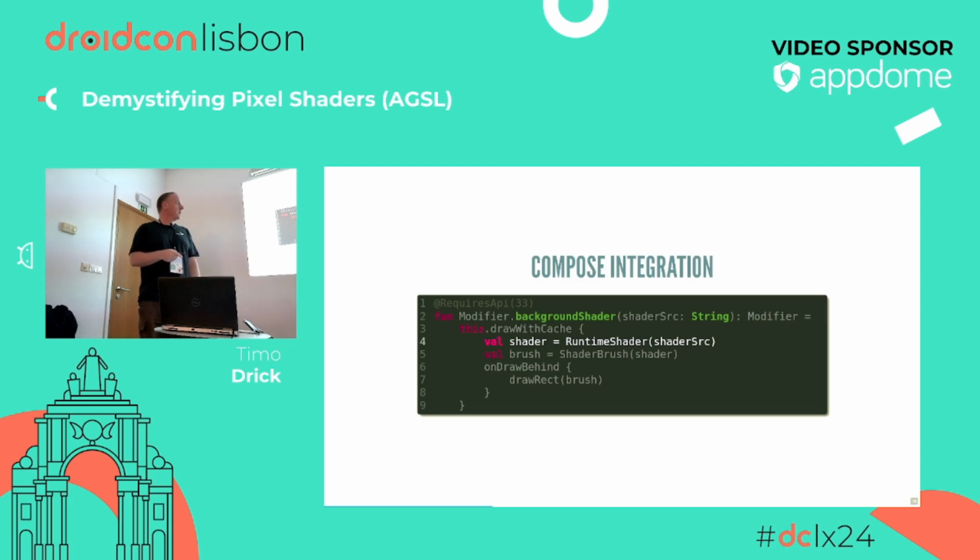And you give the shader source as a parameter to the constructor. And then you can create a brush out of it. And this brush you can then use in your draw method here. And in this case, I just draw a rectangle with this brush. When you do not provide any parameters for the rectangle, then it will fill the whole screen, or the size of the canvas.